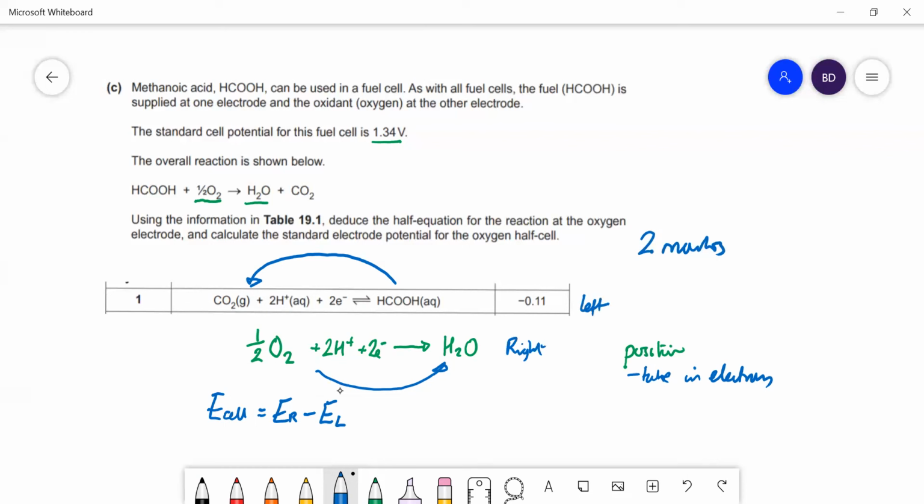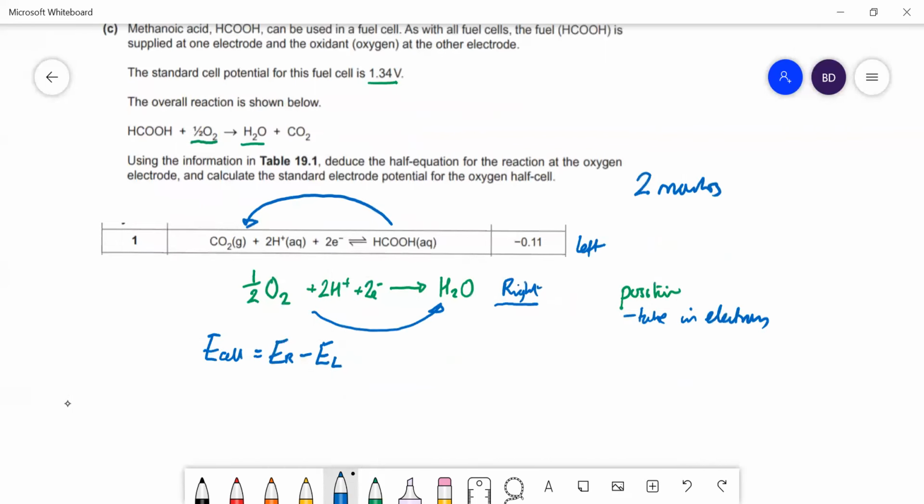So we need to find out the standard electrode potential of the right. So let's rearrange that. You get E right is going to be equal to E cell plus E left. Right, E cell, they tell us, is 1.34 volts.